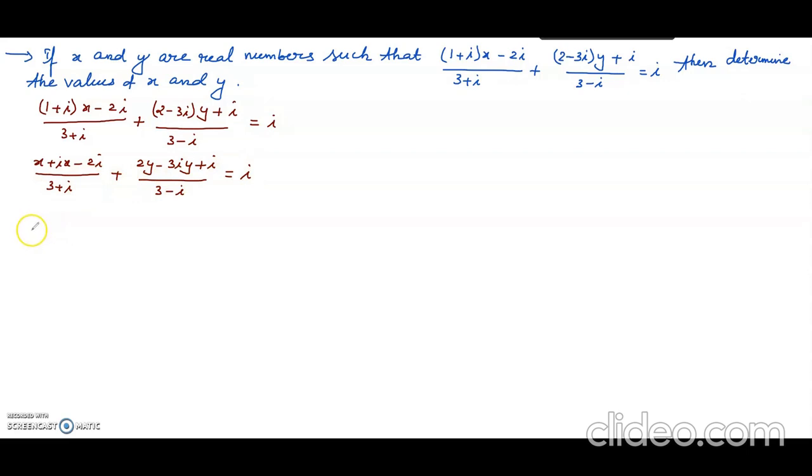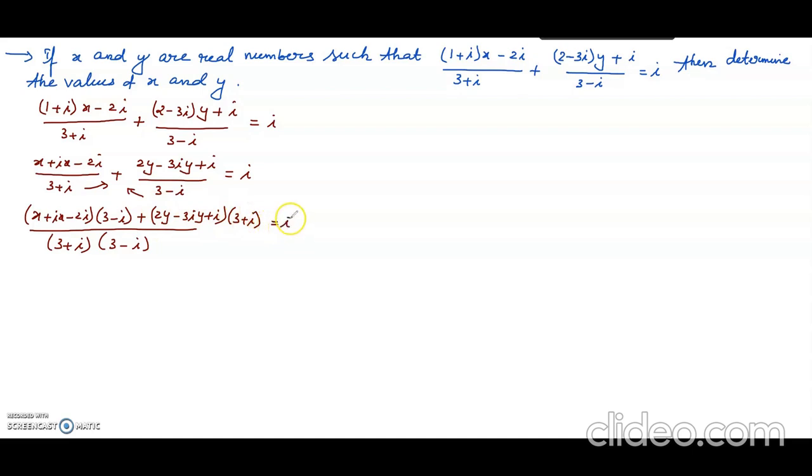The denominator will be the product of denominators, the LCM, 3 plus i into 3 minus i. So we need to cross multiply. This will go with x plus ix minus 2i into 3 minus i, plus this term should come with the other term on the right, 2i minus 3iy plus i into 3 plus i equals i.